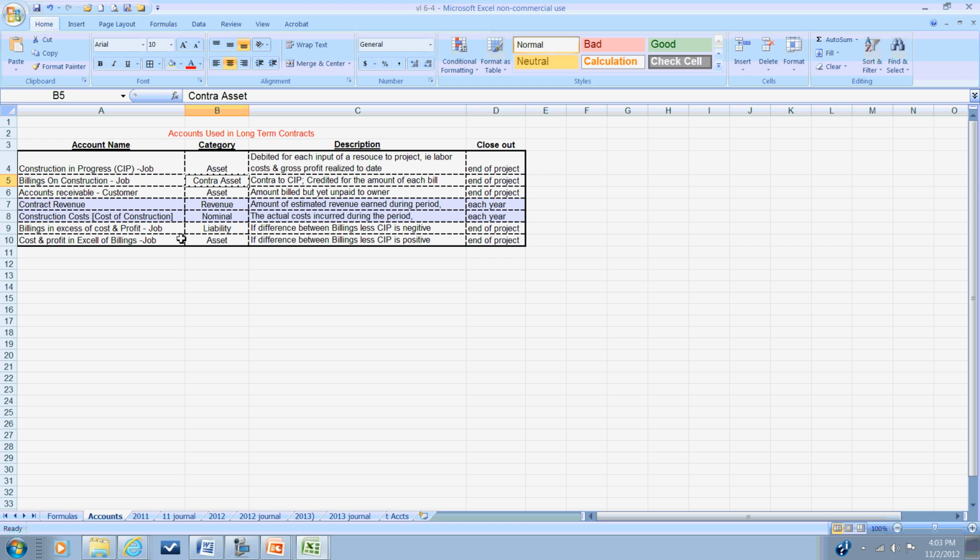For reporting purposes, we'll have two additional accounts: billings in excess of cost and profit. This is our liability account. Again, very similar to unearned revenue. There will be an account for billings in excess set up for each of our projects, and on our balance sheet we will total up all of our projects that have a liability associated with them and report one number on the balance sheet.